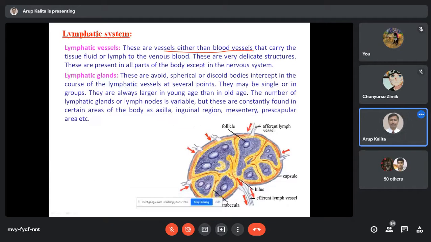To prevent the reverse flow of the lymph, it carries valves like those of the vein.